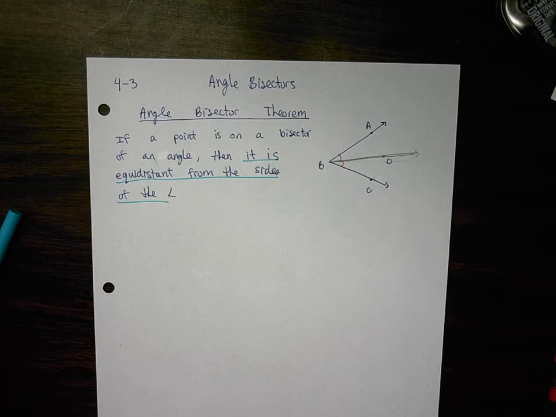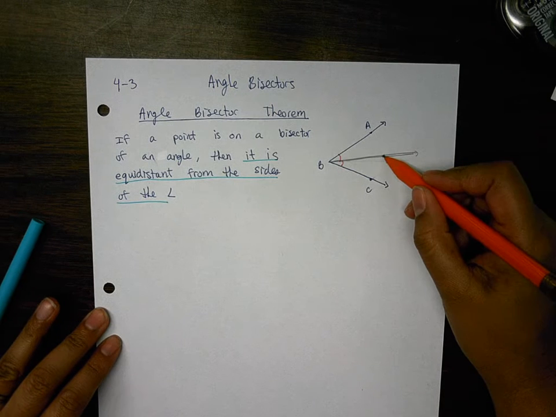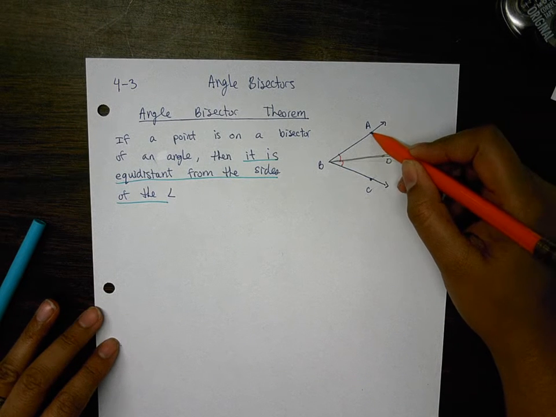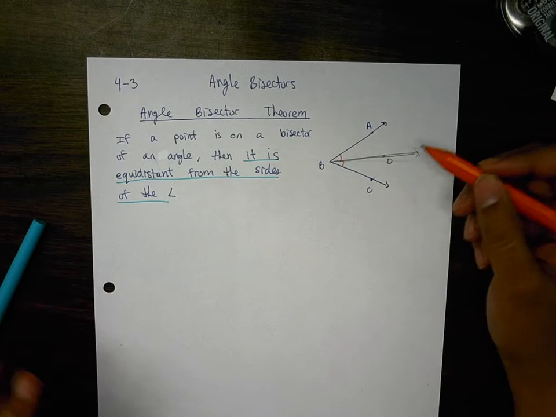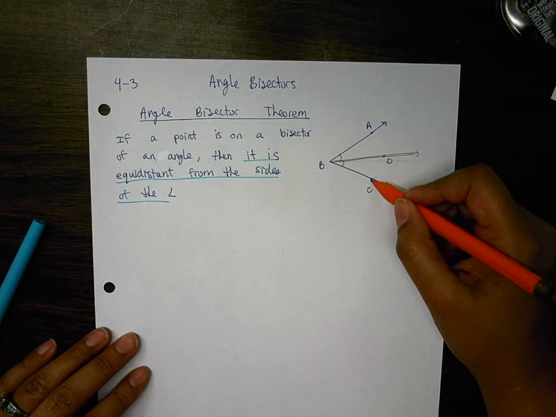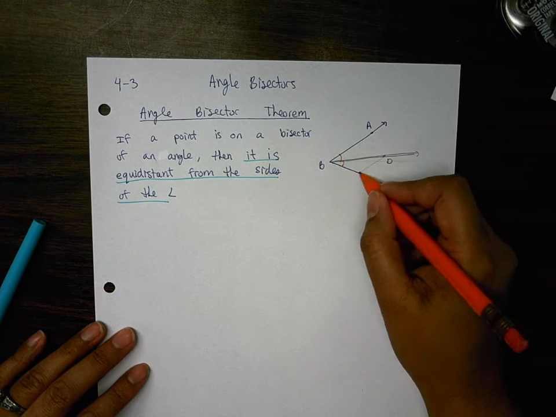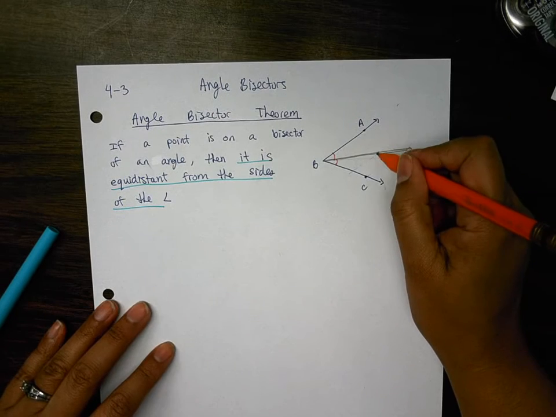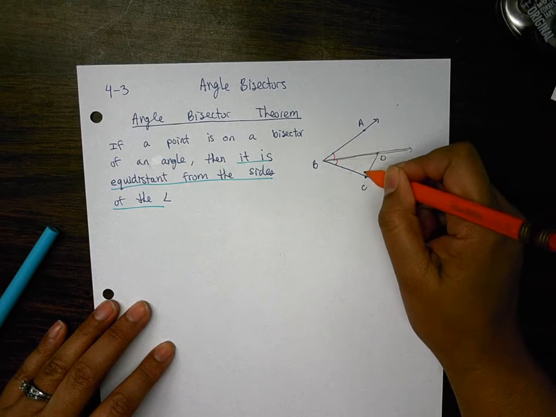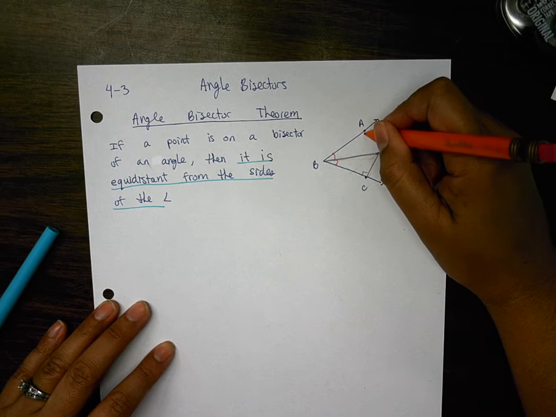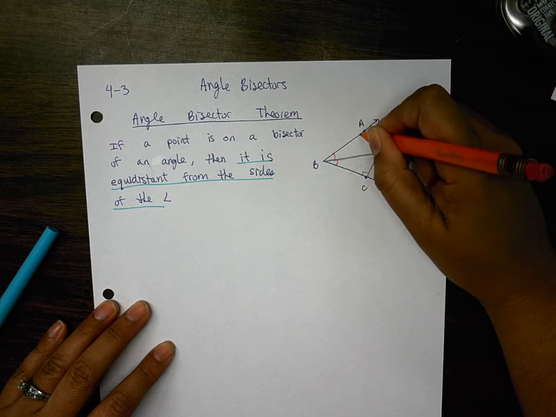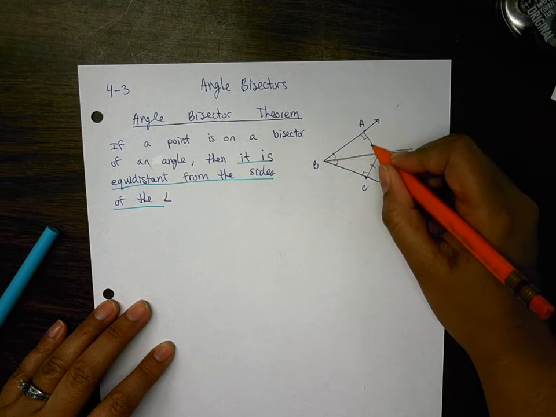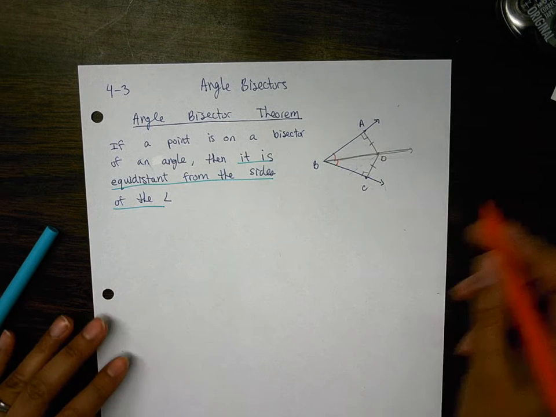What does that mean? From point D to point C and D to A are going to be congruent. Now, when you measure lengths between points and lines, you don't just randomly draw any line. When you're measuring length, it's perpendicular. So you find this perpendicular line, you find this perpendicular line, and DC will always be congruent to DA.